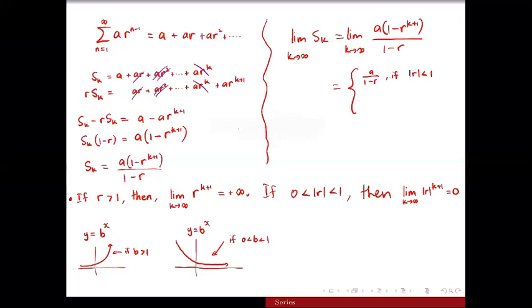Also in here, this is the absolute value. Of course, we put the absolute value in here. And then, of course, this is plus infinity if the absolute value of r is greater than 1.